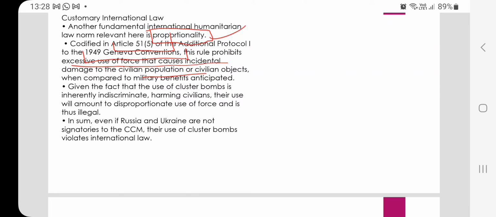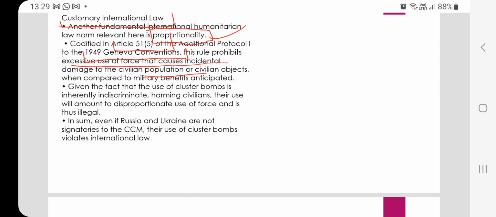What it means is, depending upon the extent of the threat and the stated military objectives, they have to use proportional military force in the war or conflict. This is also seen as a part of customary international law.